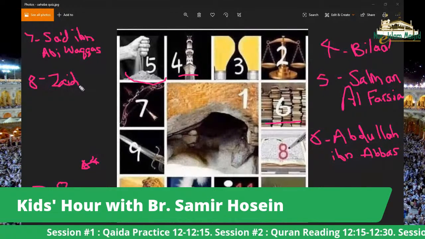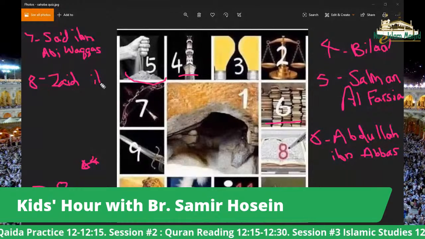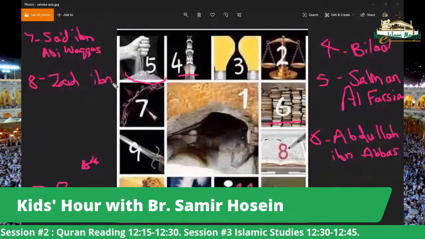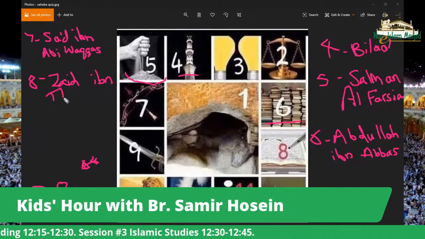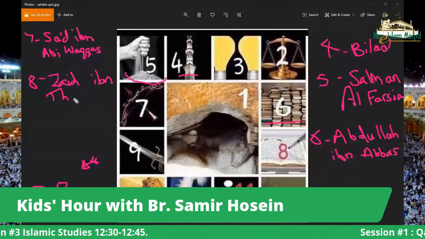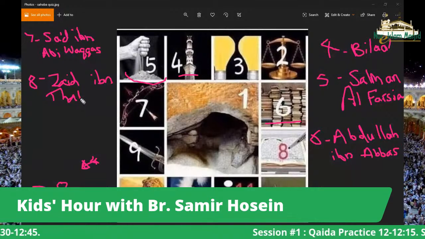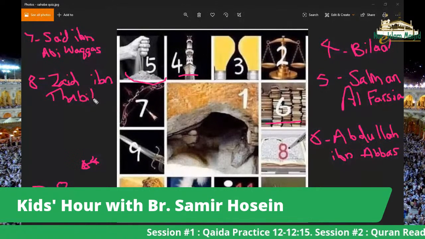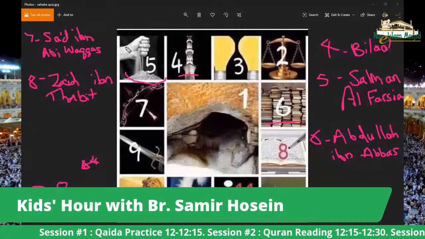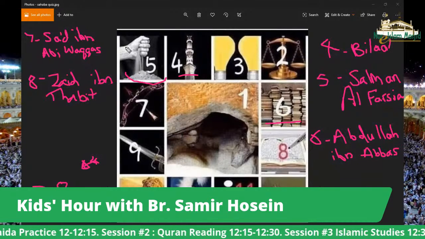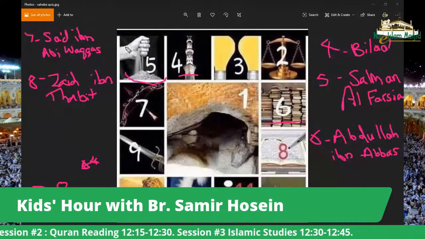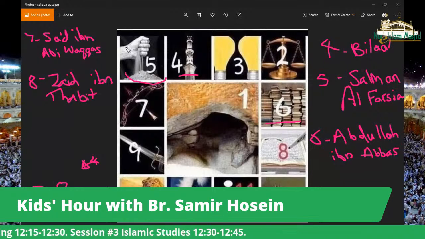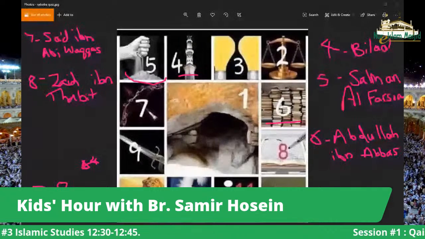Zaid ibn Thabit, okay? He was called the noble scribe. So he was the one who was appointed to get all of the parchments, all of the tablets that had words of the Quran on them, and to compile the Quran into a book form under the supervision of Uthman radiallahu ta'ala anhu. Okay?